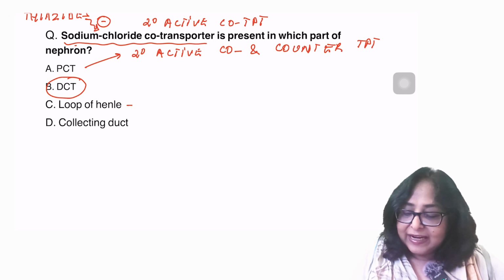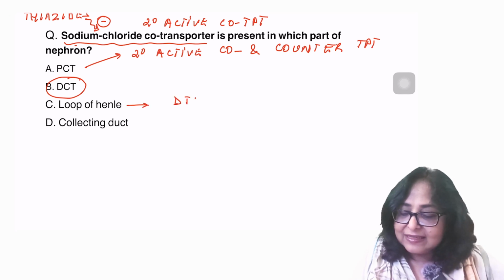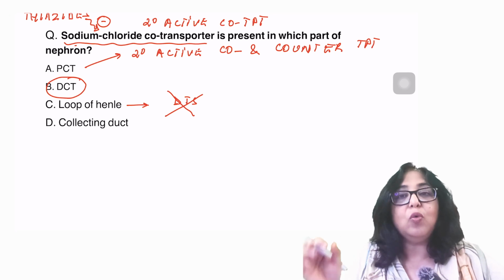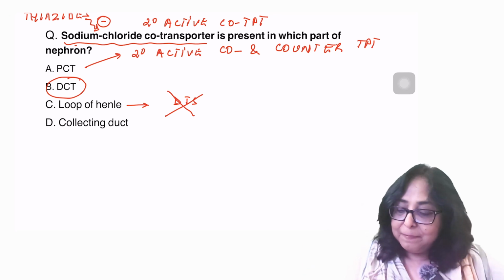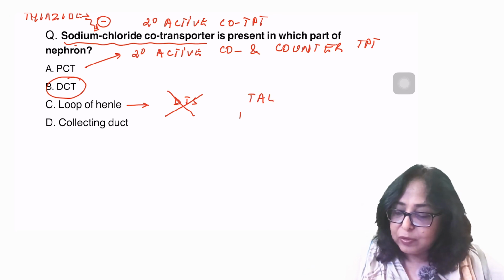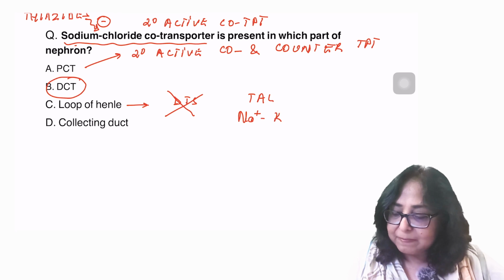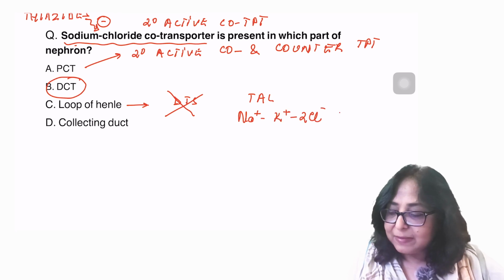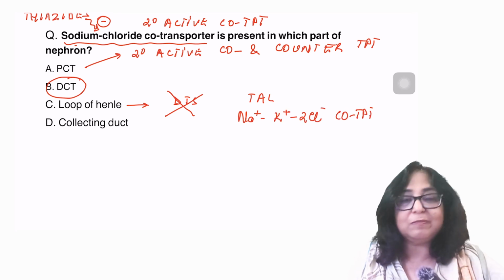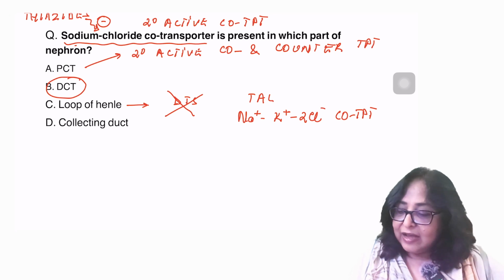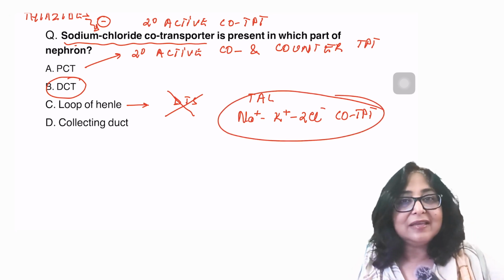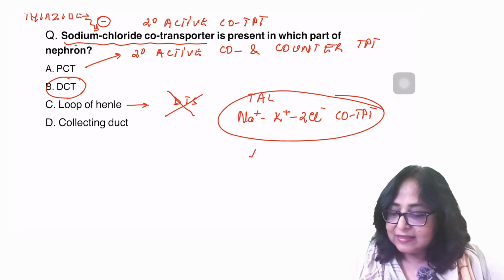In the loop of Henle, the descending thin segment, there is no sodium absorption, only water is absorbed. But in the thick ascending limb, you have Na+ K+ 2Cl- co-transport. A diuretic which acts on the thick ascending limb, this is Lasix.